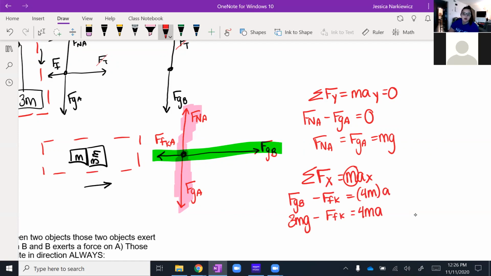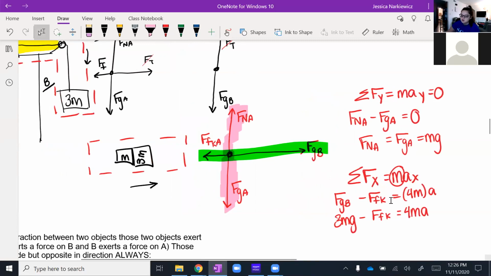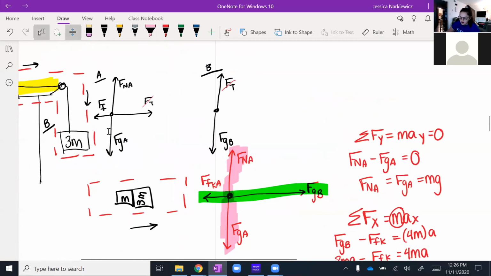Now you might be thinking, Narc, what the heck do I do if I need to find a tension? You told me the tension disappears in this system. How is that useful? Well, if we need to find the tension, then we just go back to one of our individual block systems where the tension actually is included. So once we have that acceleration here, we can go back and, using either block A or block B, find the tension.